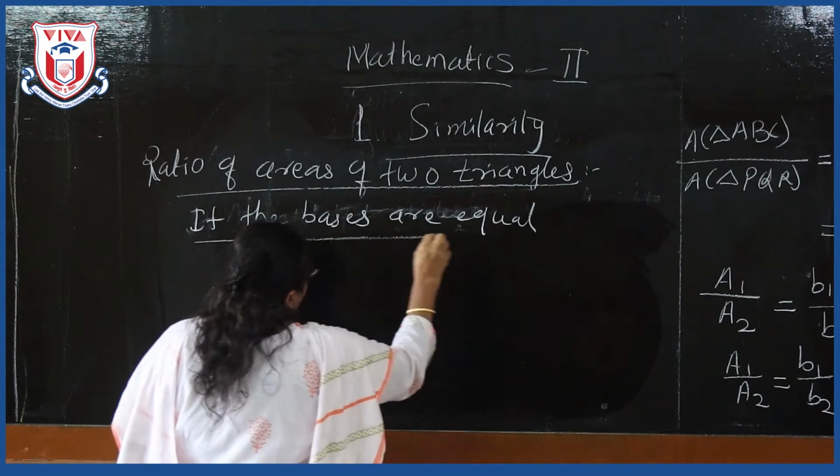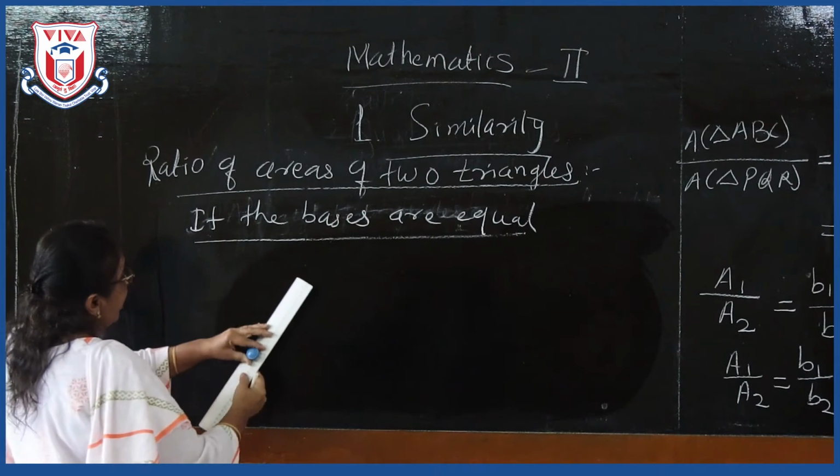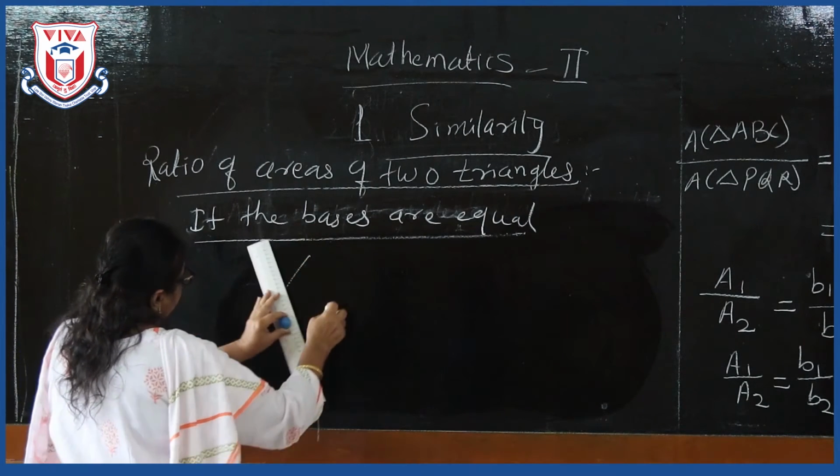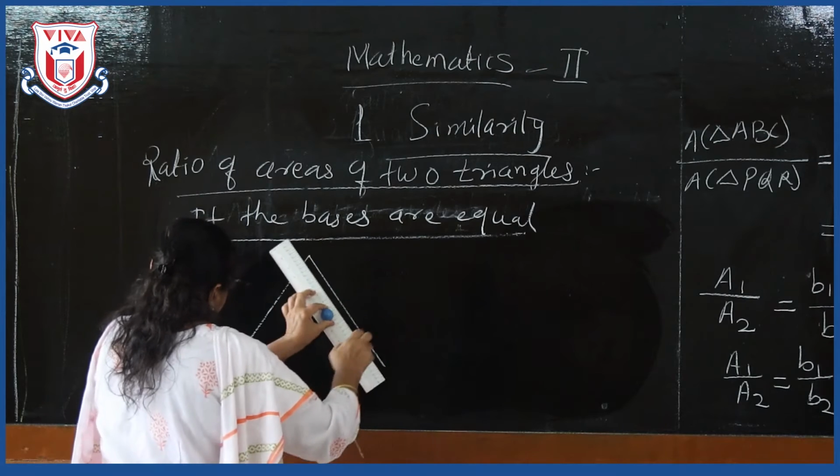If the bases are equal, then we have to see the ratio of the areas.